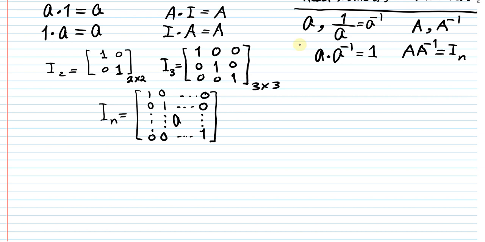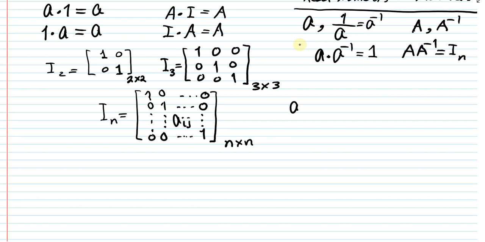Now in the middle here, you have the a_ij, the ith row, jth column elements. But remember, the main diagonal has to be 1s, just like here, and 0s on the off diagonals. So that is an n by n identity matrix.